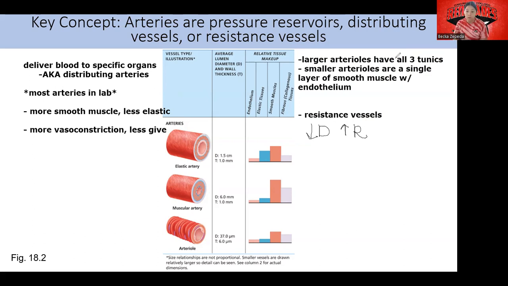We could actually make those diameters even smaller in order to make it even harder for blood flow to happen so that we can bypass delivery of oxygen to tissues when they don't need it. So again, we can change the diameter to change the resistance in order for us to bypass different parts of the body.